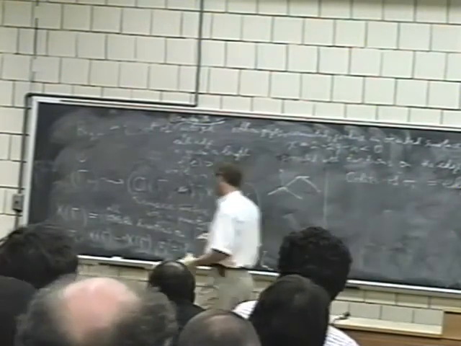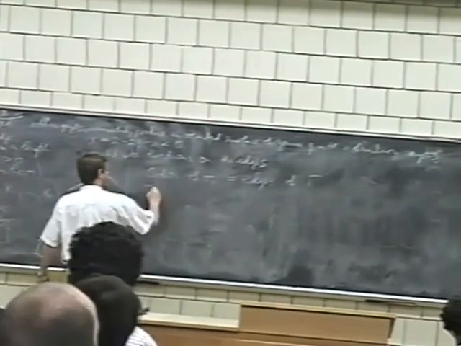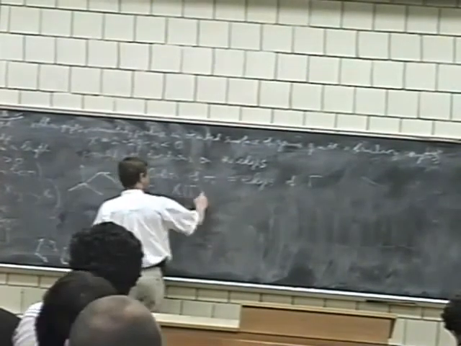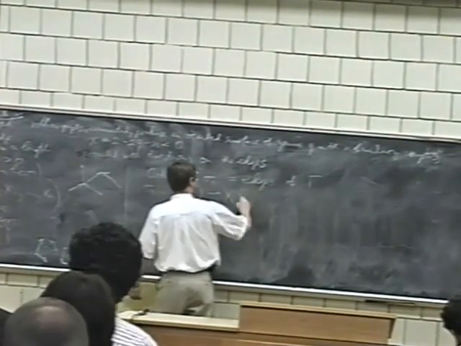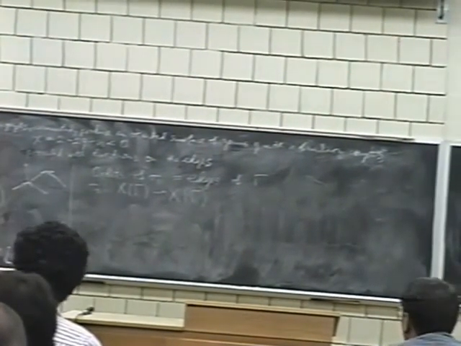Now the second operator I want to consider will be denoted by sigma naught. This is another operator on the set of all possible orientations.